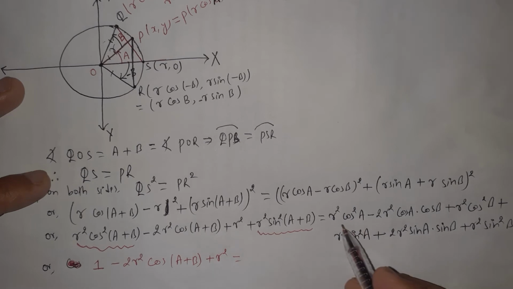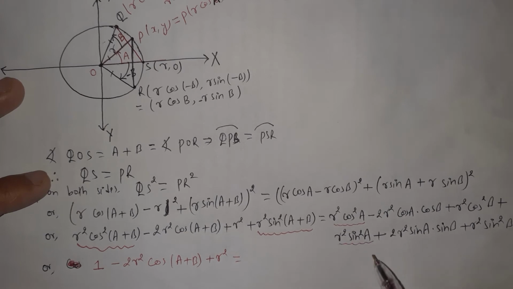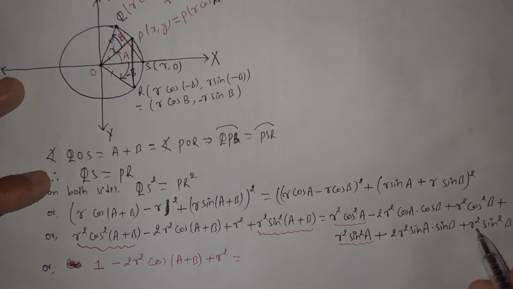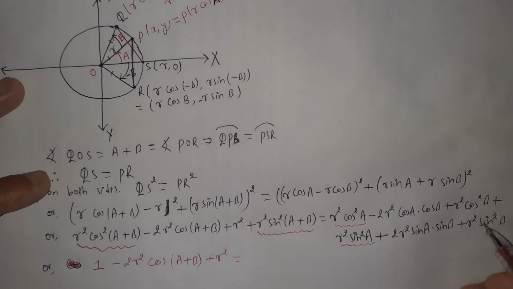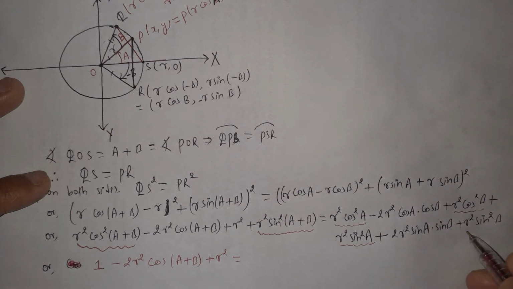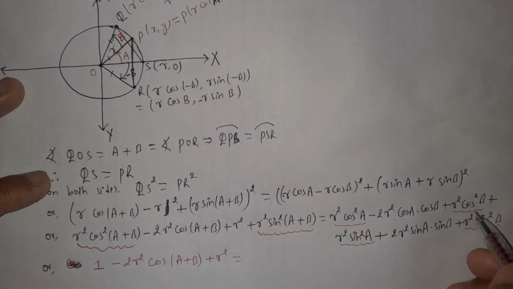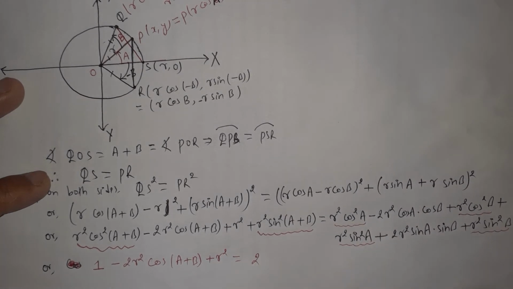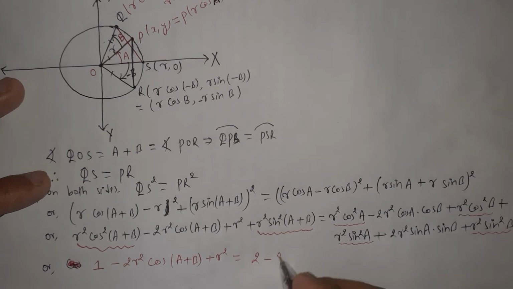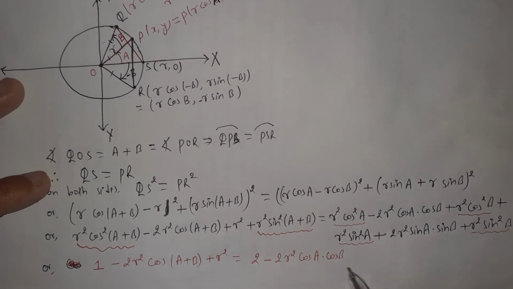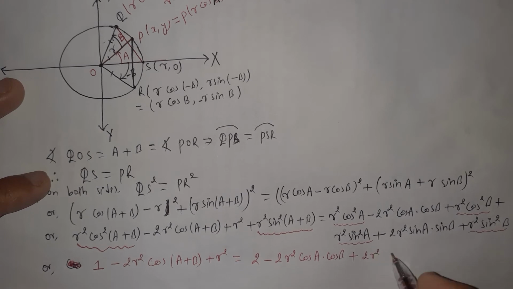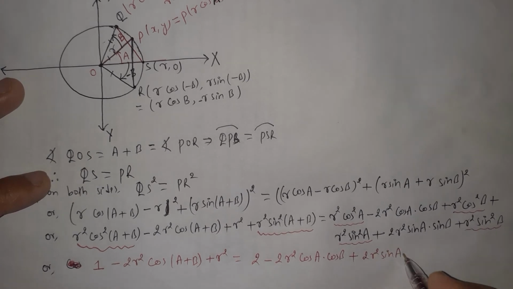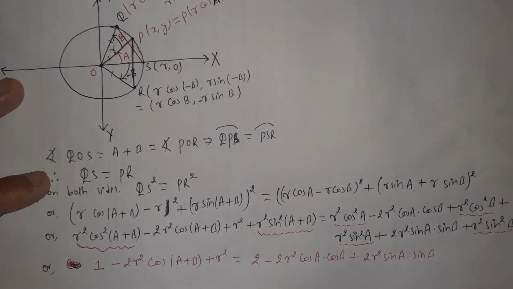On the right hand side there is a form like r squared cos squared theta, and we can connect it with these terms, the result will be 1. Also the same case, r squared cos squared B plus r squared sin squared B gives 1. This 1 plus this 1 gives 2, minus the remaining terms, 2 r squared cos A times cos B plus 2 r squared sin A times sin B.